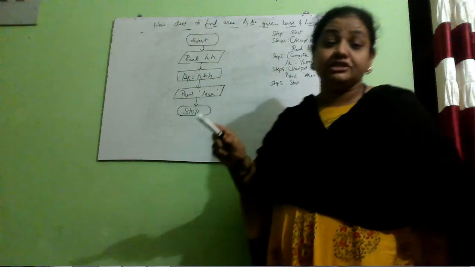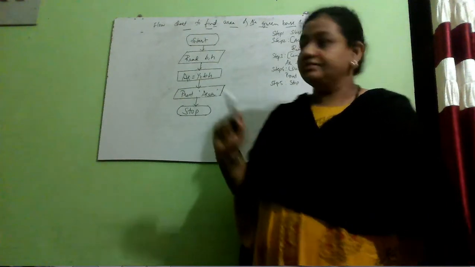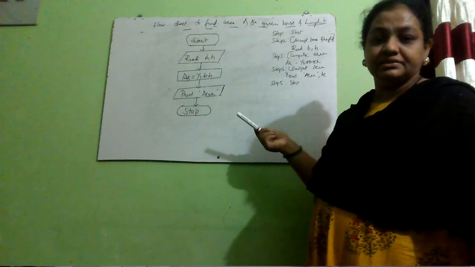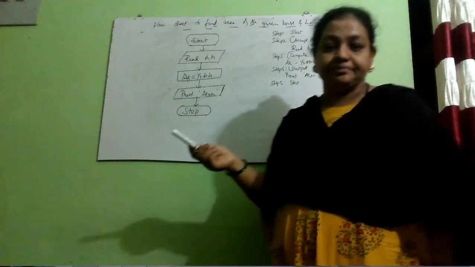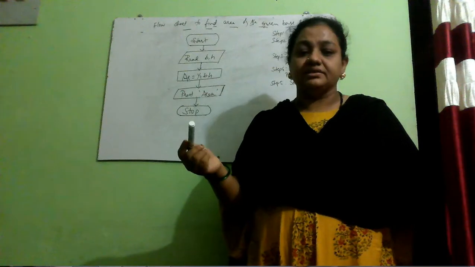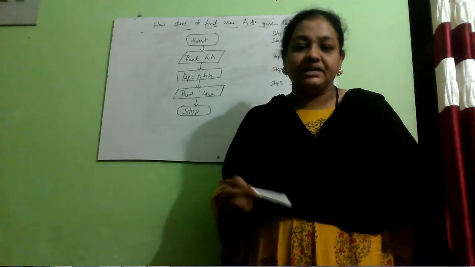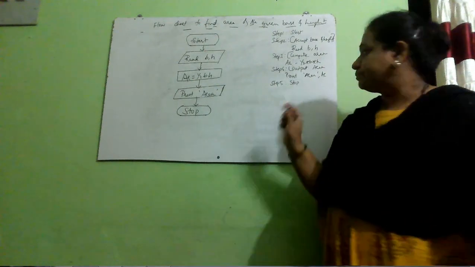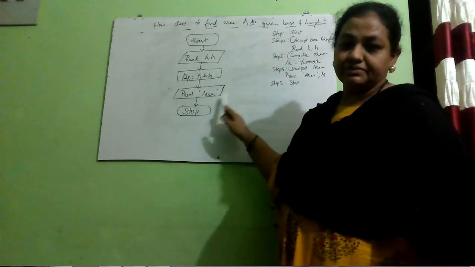Fine everybody? So this is the algorithm. Let's write the same algorithm as a flowchart. Let's convert the algorithm to the flowchart. Step 1 is start. Step 2 is accept base and height.